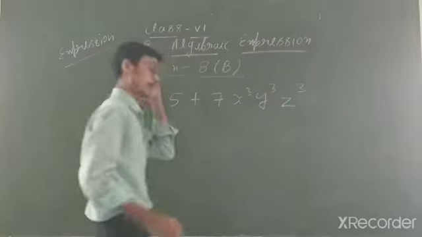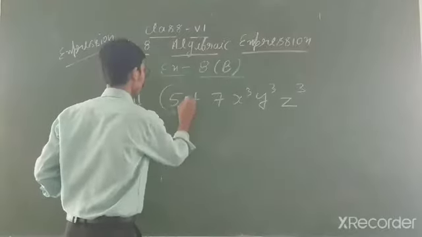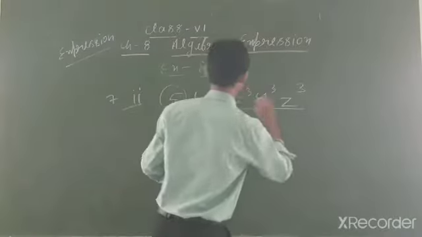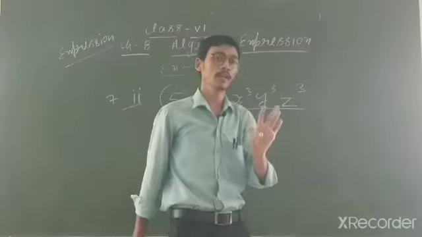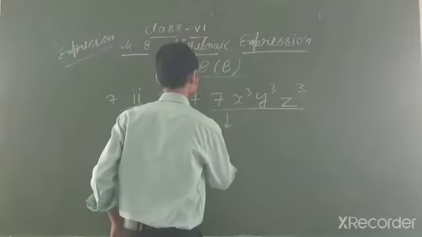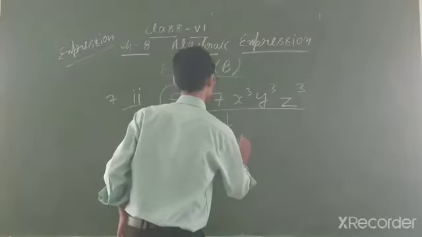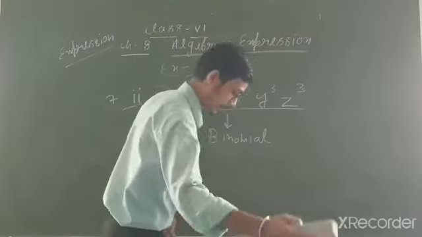So tell me student, this is monomial, binomial or trinomial? So you can say, sir, one term is 5 and this is also one term, not 1, 2, 3, 4 terms, because I explained in multiplication you will count only one term. So one term and one term, it will become 2 terms. So you can write down this is binomial. Clear student? I think now this is clear.